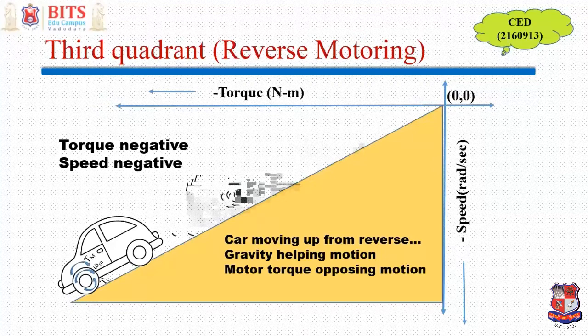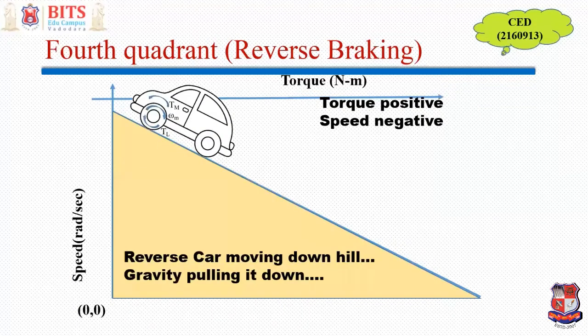And now the last quadrant, known as the fourth quadrant. In the fourth quadrant, assume that in the reverse direction you want to bring down this electric car. When it tries to come down, the gravity is pulling it downwards. It is supporting the motion. So the load torque is acting in the same direction as the motion, and the motor torque is opposing it to avoid dangerously high speeds, right?